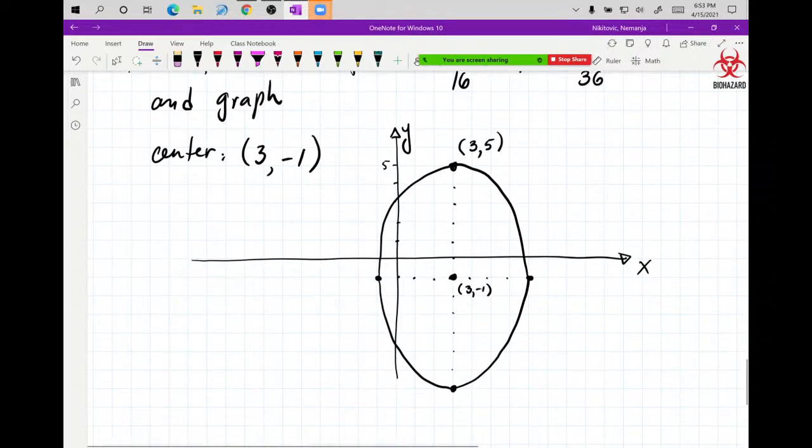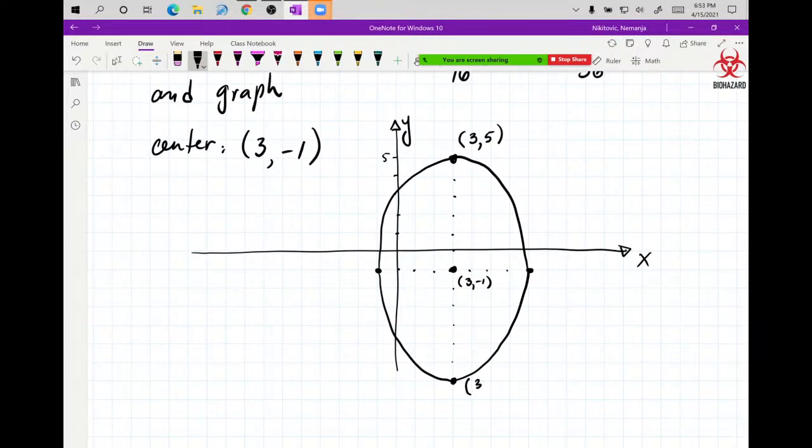And the same thing for the one on the bottom, because they're lined up on 3, but now you're subtracting 6, so that's negative 7. So those are vertices, and you need to be able to find them, because the question can say, what is the vertex? And if you don't know, it's just this point.